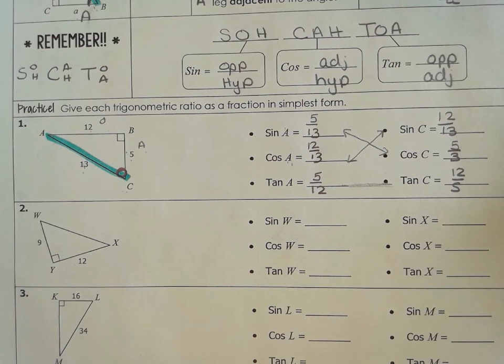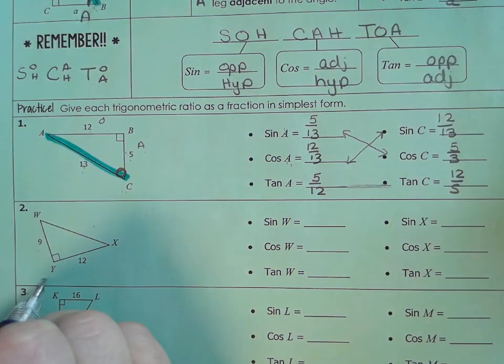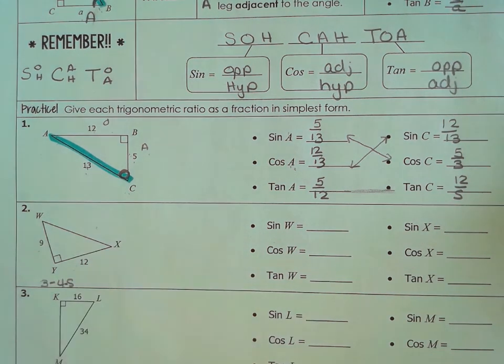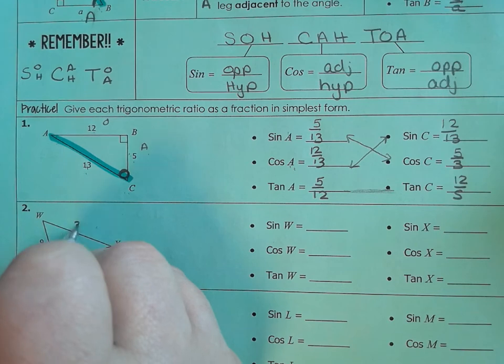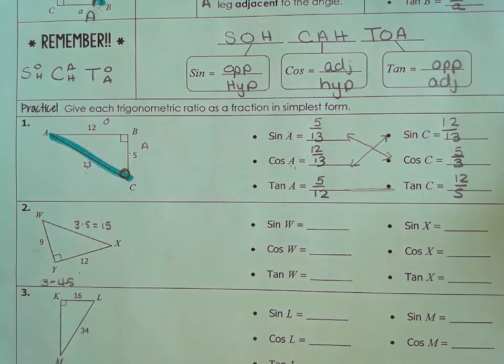Now this is also a 3, 4, 5 triangle, which is a Pythagorean triple, and I'm going to give you guys a list of that because this is 3 times 3 is 9, 3 times 4 is 12, and then 3 times 5 is 15. The reason why I like to show you those is because on the SAT, all the triangles are either special right triangles or Pythagorean triples.